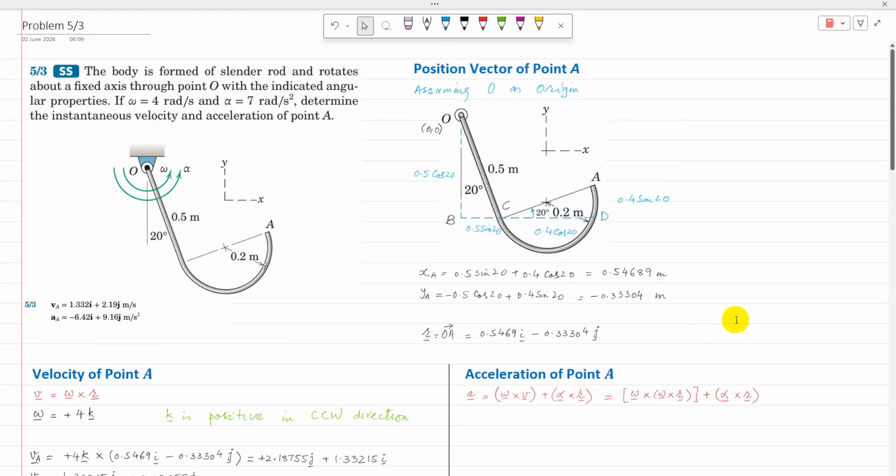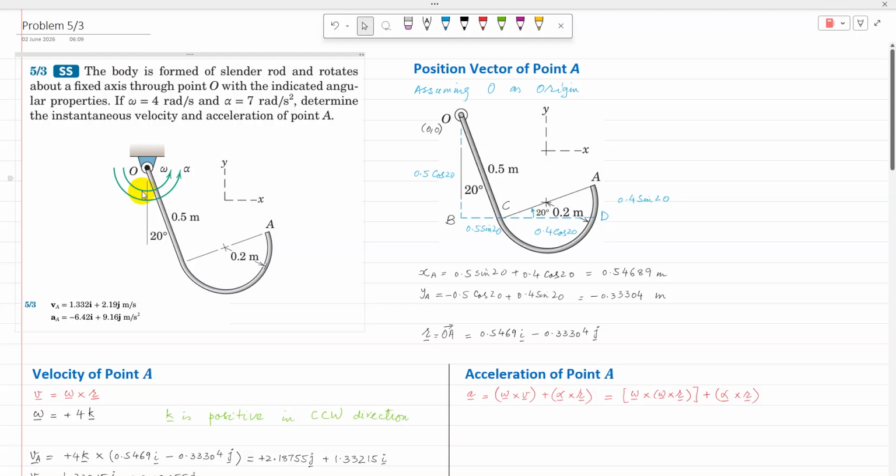Now, the instantaneous acceleration of point A is calculated from the equation from chapter 5, substituting the values of omega, v, alpha and r. From the figure, the angular acceleration is also counterclockwise.